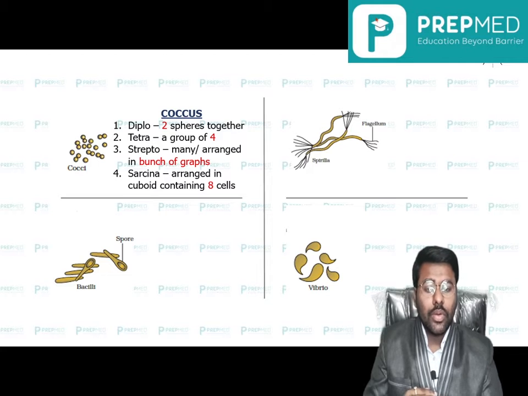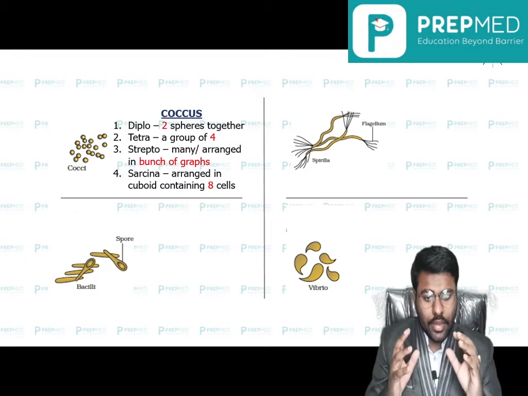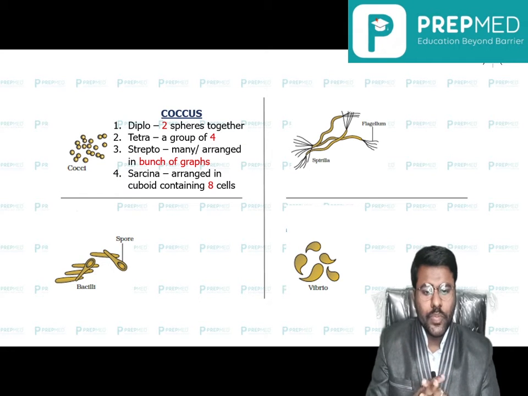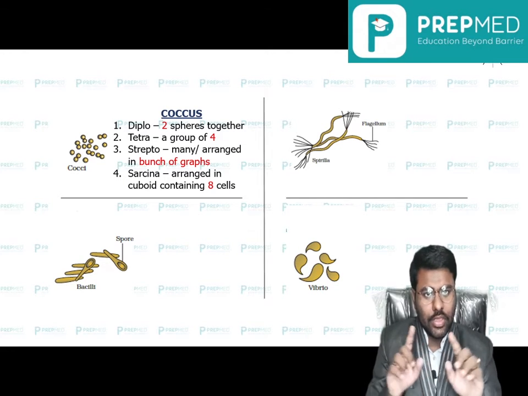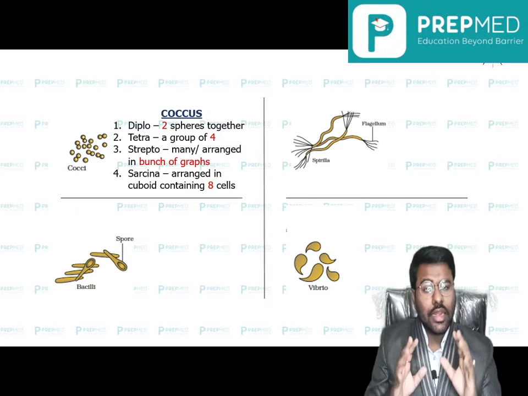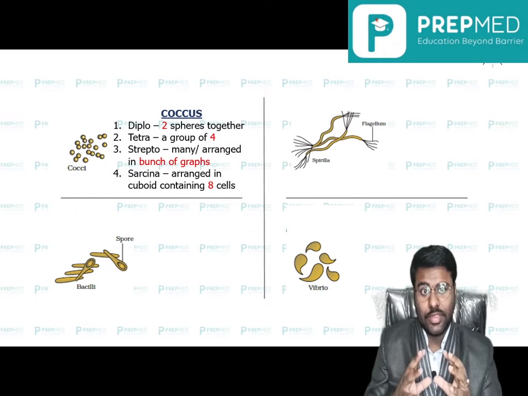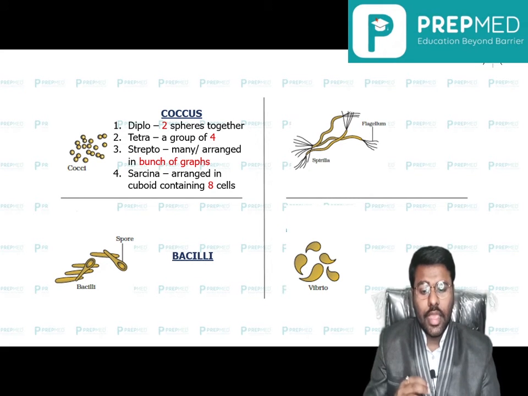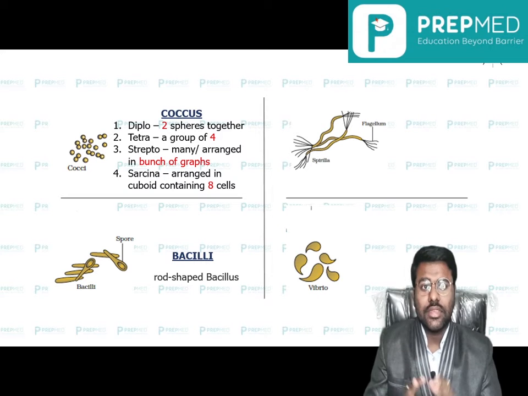Now coming to the most important of this year, the Sarcina, where there are 8 cells, or 8 cocci, arranged in a cuboid fashion. Coming to the next, where you can clearly notice there is a spore, these are called bacilli, which are rod shaped.